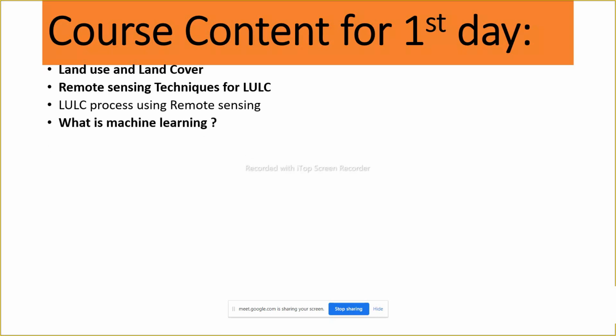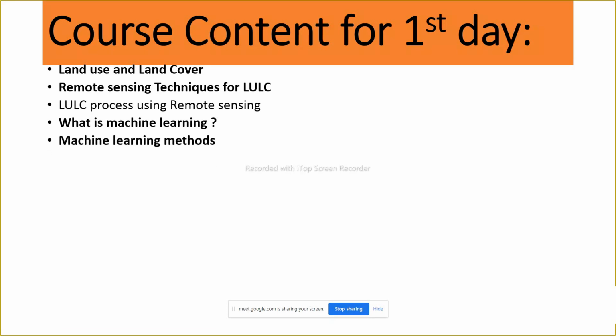Then what is machine learning? We need to use machine learning methods here, so I will discuss what machine learning is, what types there are, and how it works, all of the details.